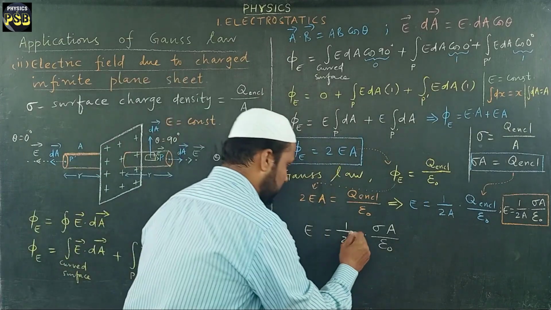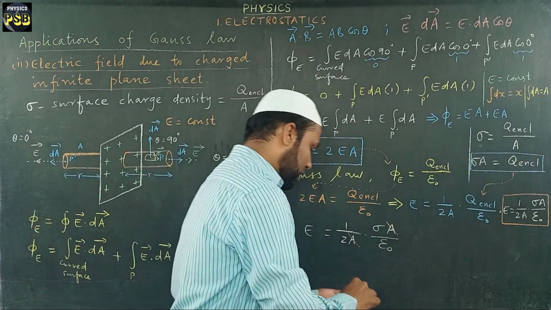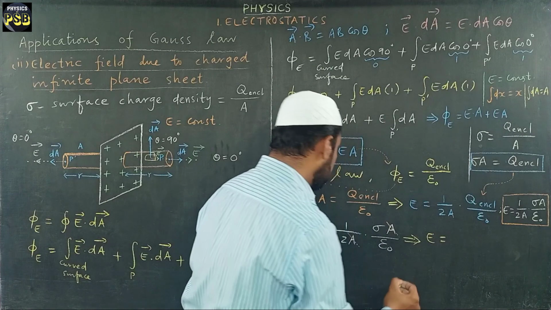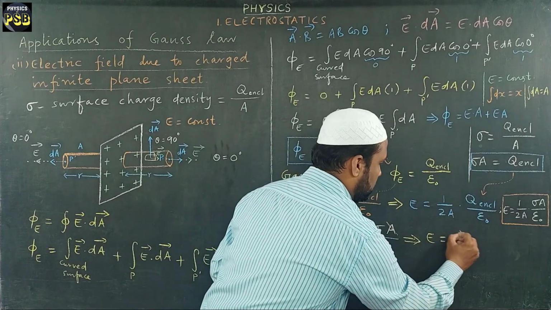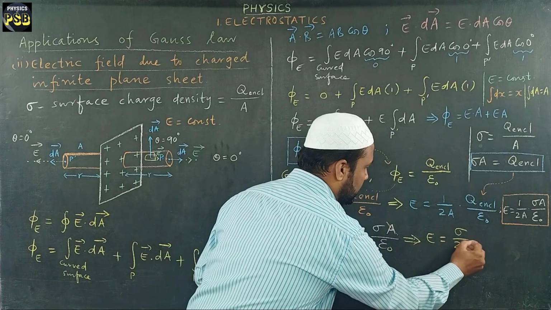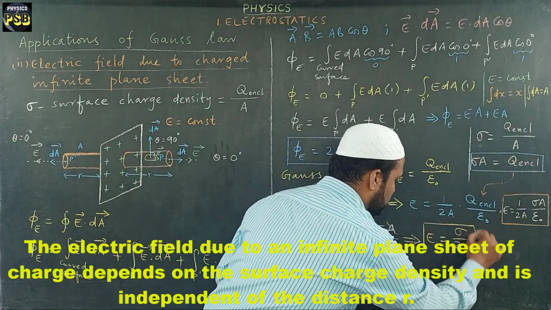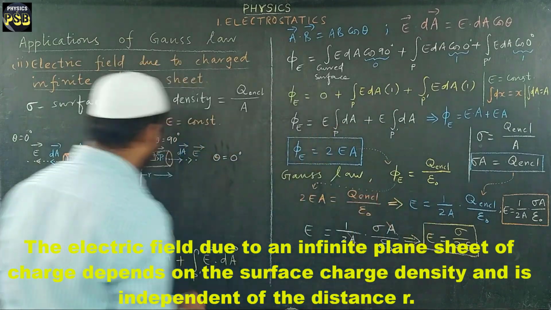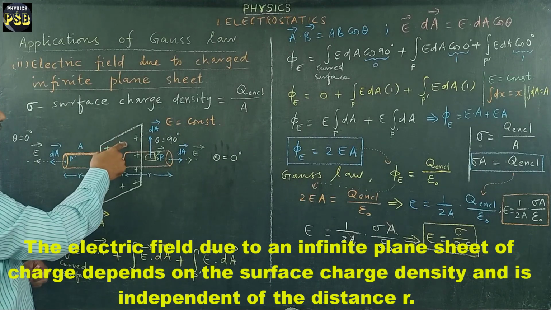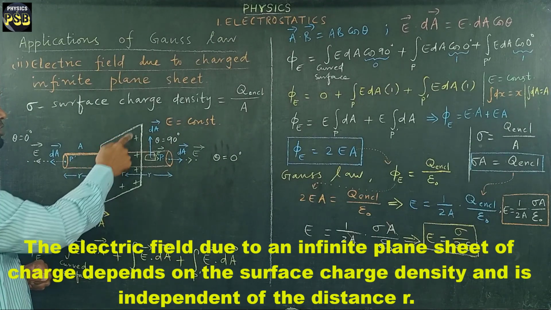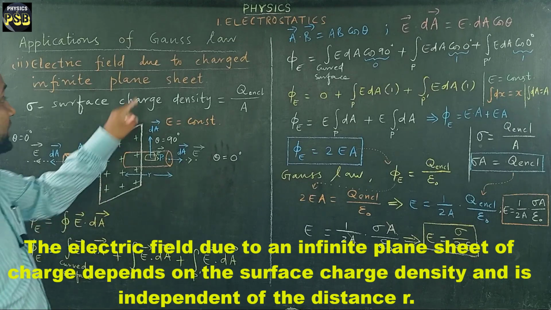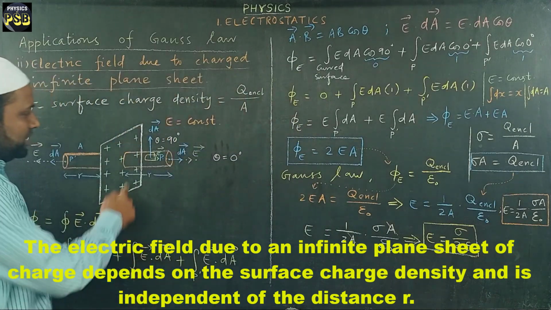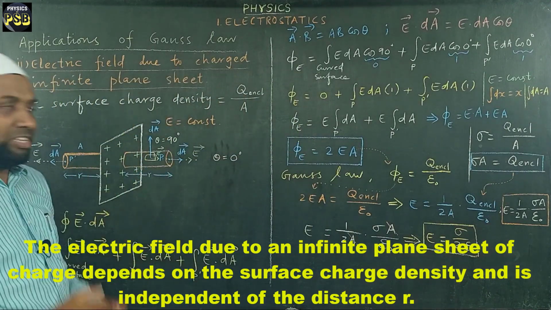Here the A gets cancelled, and what we obtain is E equals sigma upon 2 epsilon naught. This is the final expression that provides the electric field due to an infinitely long charge-carrying plane sheet.